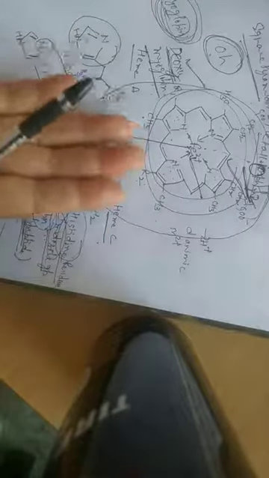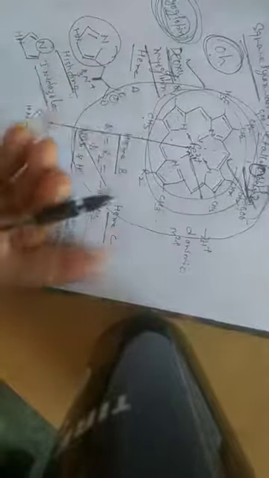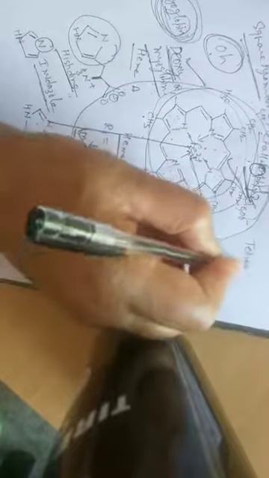right? Now from this we can make a difference between hemoglobin and myoglobin. What is the major difference? Myoglobin is the monomeric form of hemoglobin, whereas hemoglobin is tetrameric in nature.